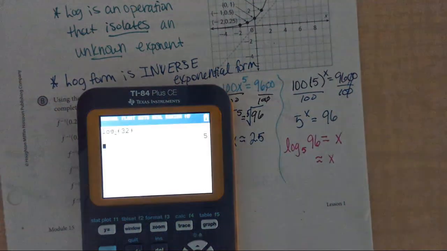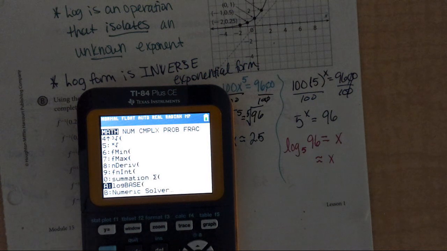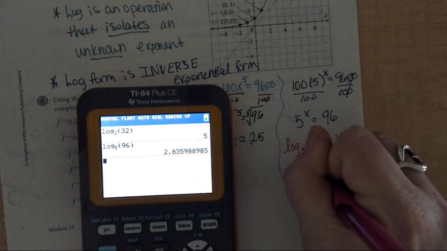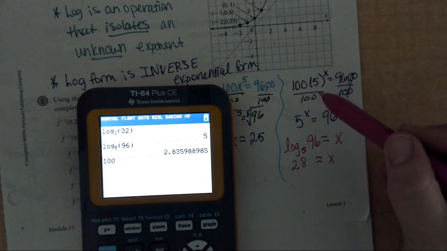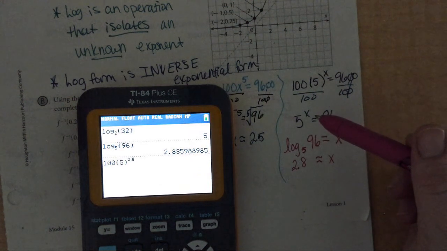So let's type in math, up. I want the letter A, base of 5 of 96. x is about 2.8. Again, the more of the decimal you use, the better off you are. So I'm going to do 100 times 5 raised to 2.8.